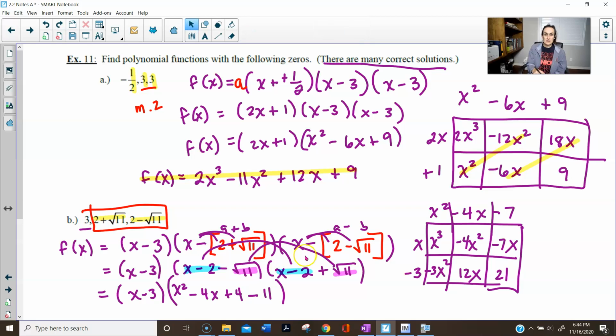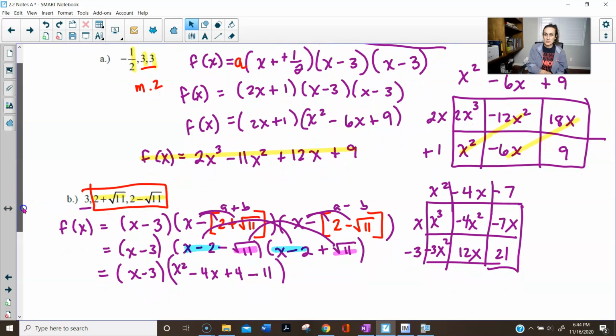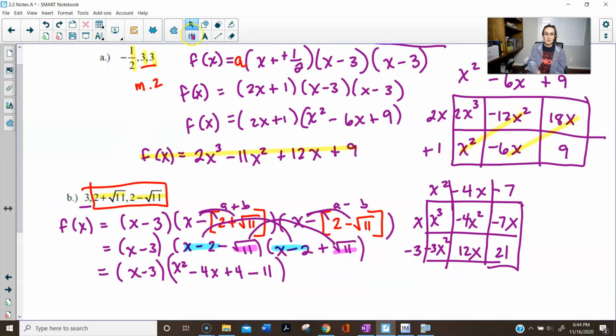I don't know if I can get this to scroll down a little bit. What do you guys think? Oh, ta-da! So I scroll just a little bit so I can fit my answer in. So I have x cubed. So f of x is equal to x cubed.